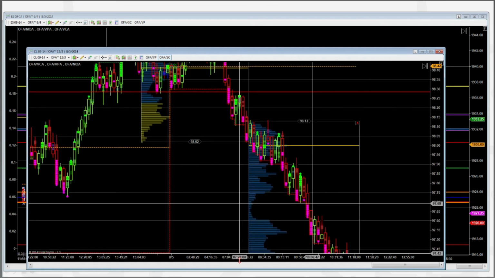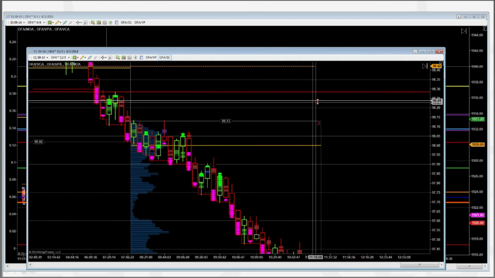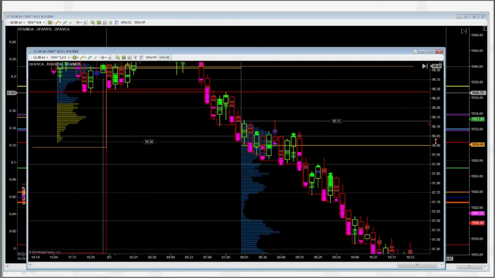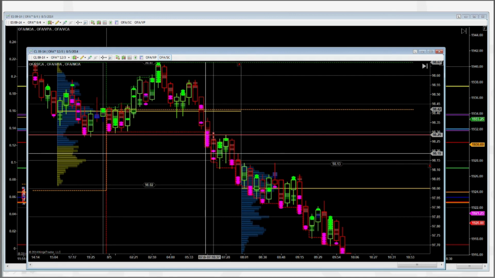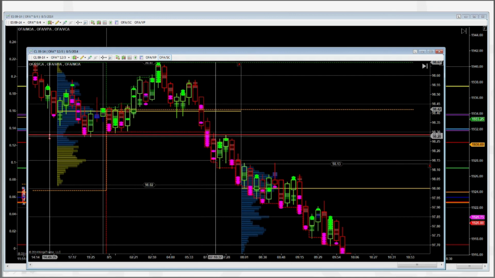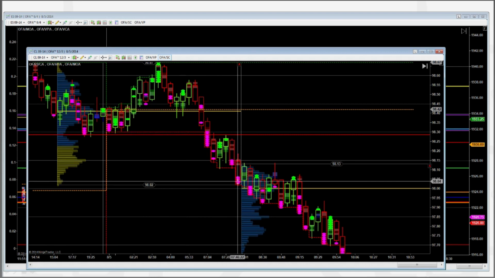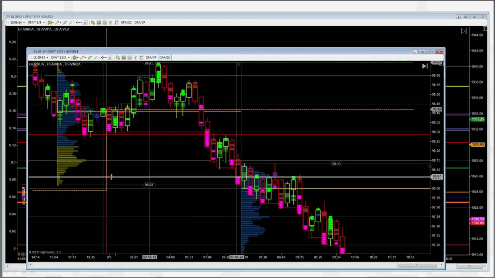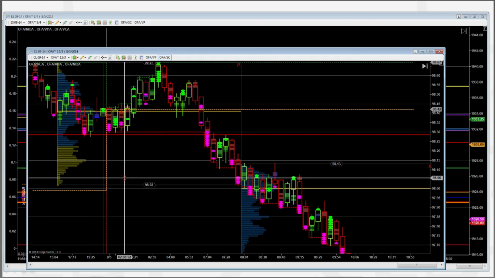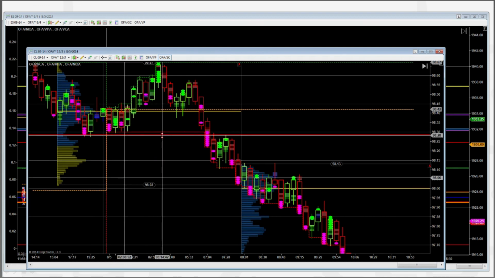I'll try to make it a little bit bigger. Came back up. Where did it fail? Right at that low volume area. Failed and moved lower. In the overnight, it created another low volume area right here.